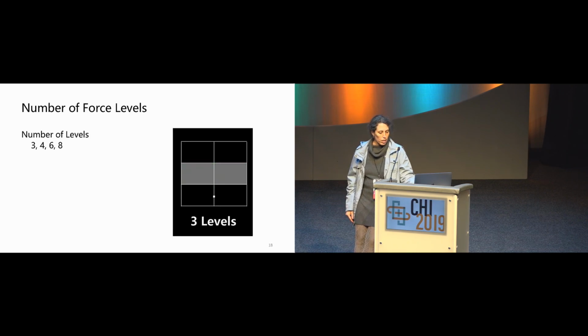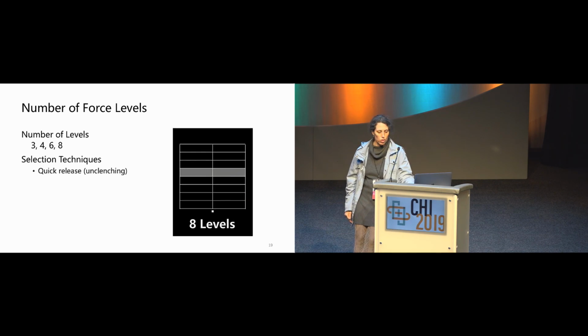Okay, so this is an example of the interface we used in the first study, so really a pure target acquisition task, and in this case the user has to select from among 3 different levels. We had 4 different conditions in terms of the levels of force that the user needed to control, so here's the same example with 8 different levels.